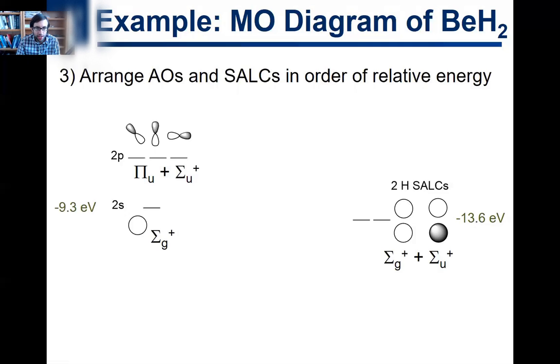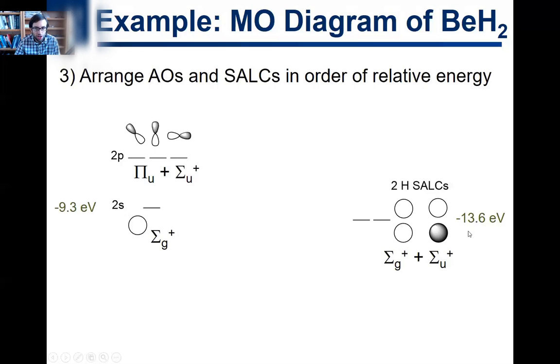And the reason is because these hydrogen lobes that we're drawing here of electron density are very far apart. Remember, there's a beryllium atom that's going to be in the middle there, the central atom. And so these lobes aren't interacting with one another. It doesn't matter if this is the sigma u plus SALC, which looks like it's setting up an anti-bonding interaction maybe, and this is the more symmetric one, the sigma g plus.